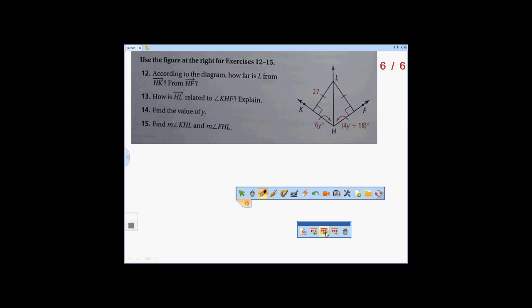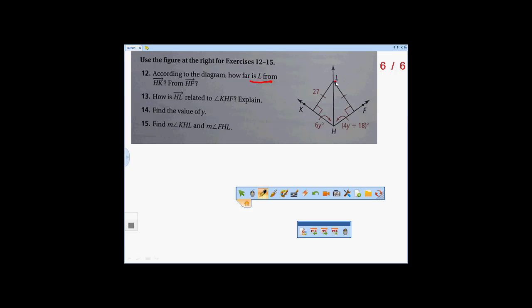Use the figure at the right for exercises 12 to 15. Here I have a figure like this. According to the diagram, how far is L from HK, that's the first question, and from HF? I wanted to know how far L is from HK. Where is HK?